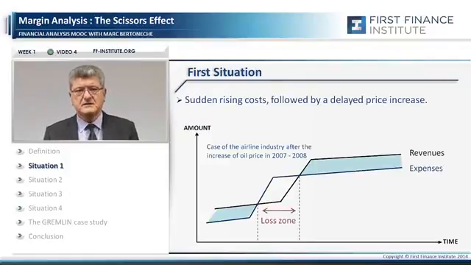After some time, due to the competitive position of the companies, because there was no real alternative for the customers or strong growth in the demand, the increase in cost could be transmitted to the customers, leading to a significant increase in revenues. This has been more or less the case of the airline industry.